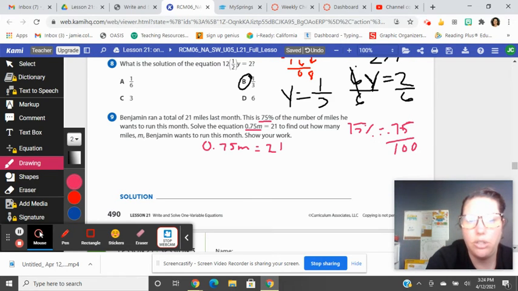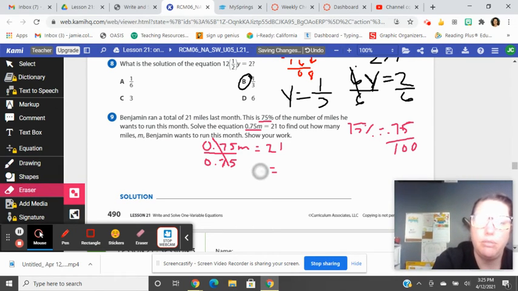Since I'm multiplying 0.75 times m, I'm now going to divide by 0.75, because then I'm isolating the m, getting the m by itself. That cancels out and equals 1, and 1m is equal to m. Okay, but whatever I do to one side, I have to do to the other. So I actually shouldn't have put my m equals right there.